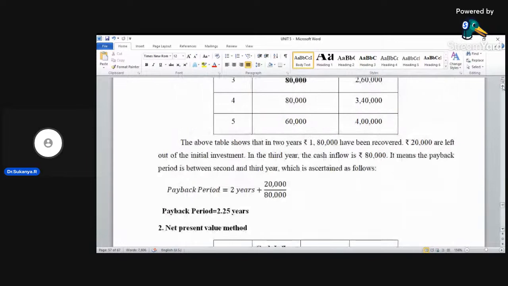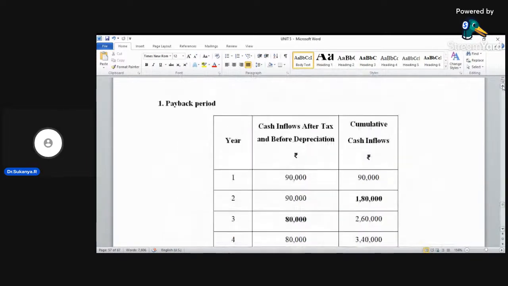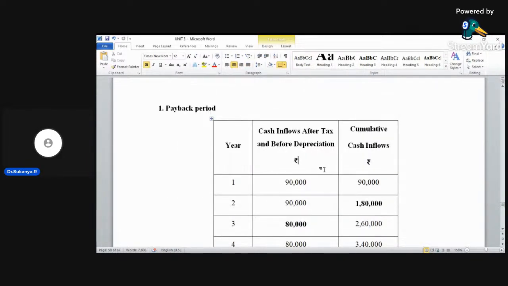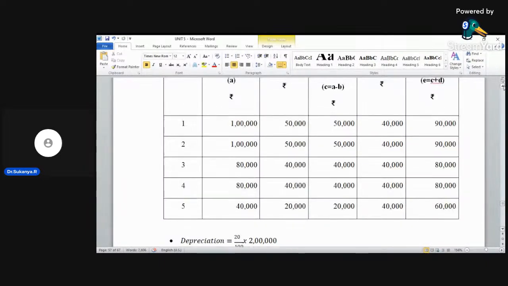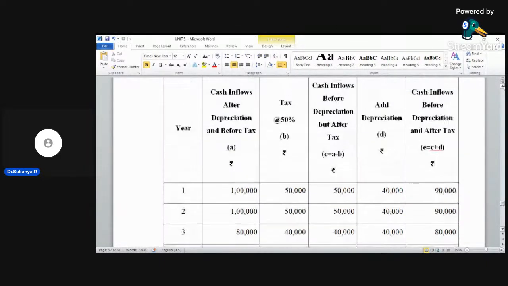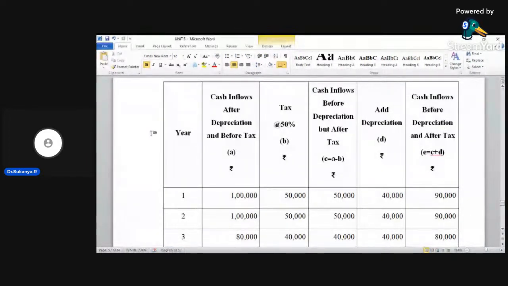Now, for example, first we will go to the payback period method. Dear students, cash inflows after tax and before depreciation. For this, you have to make some alterations. In the first column, you will take the years. They've given you cash inflow after depreciation and before tax.